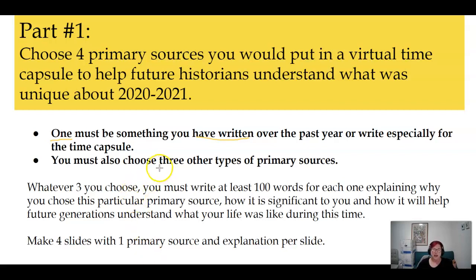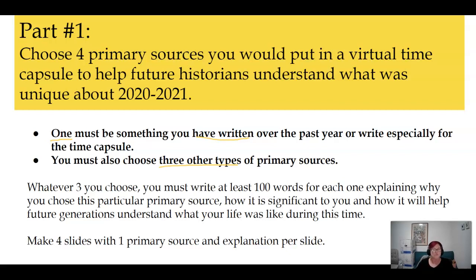And on top of that, you need to have 3 other types of primary sources, and there you're free to choose whatever you want. You can refer back to the last video or the slides that are already up on Classroom in order to see what types of primary sources there are. And if you don't find a primary source and you have a better idea of what you'd like to do, just run it past me first to see if it's okay.